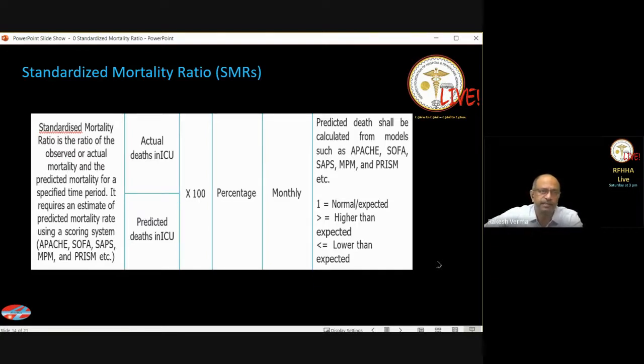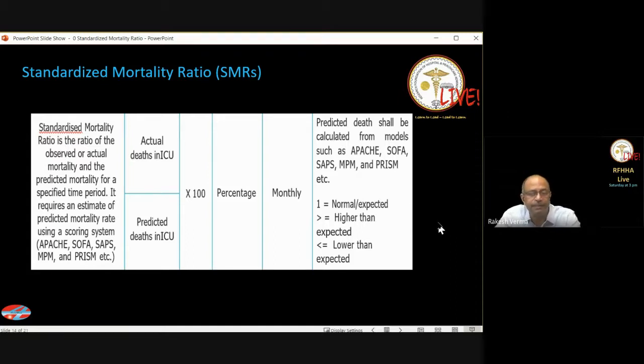It requires an estimate of predictive mortality rate using a scoring system. So we've talked about scoring systems, and here also they have given examples as to which all are available. And there are many scoring systems, so there is a wide choice that is available here. The formula is the numerator has the actual deaths, which obviously is very easy to count, and the predicted death. We'll just cover this denominator in little more detail.